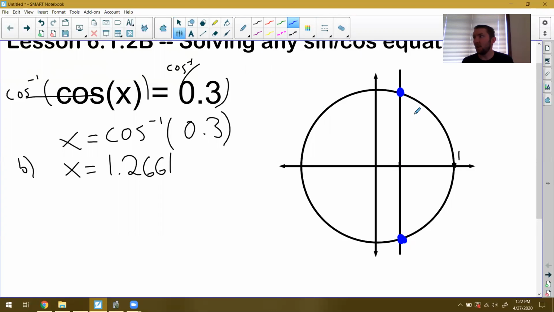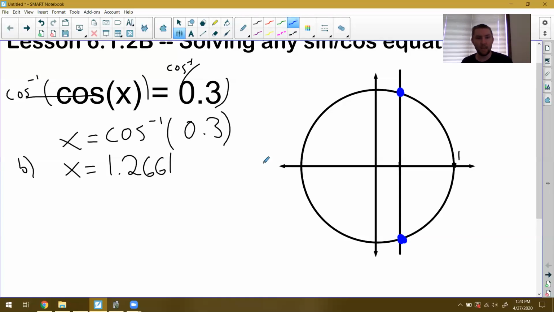The first of these two points is found just by doing the cosine inverse of 0.3. And remember from our last video that the cosine inverse is always going to give you the value on the top of the unit circle. So it's always going to give you a value somewhere between 0 and pi, which on your calculator looks like 0 to 3.14159, so some decimal between 0 and 3.14.